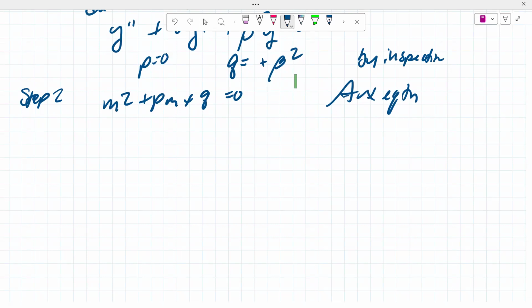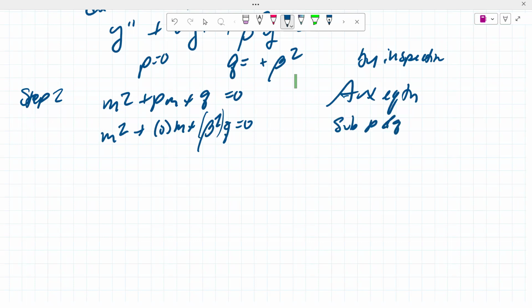Next, we're going to sub in. So M squared plus 0 M plus beta squared equals 0. This is just substituting P and Q into the equation.